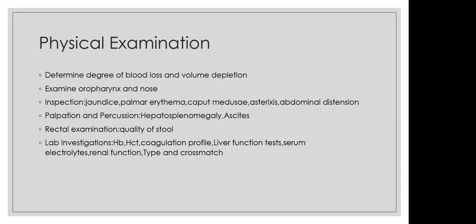After you've done your physical examination, you need to do some lab investigations, which include hemoglobin, hematocrit, coagulation profile, liver function test, serum electrolytes, renal function, and also you might need to do a type and cross match for these patients, anticipating resuscitation.